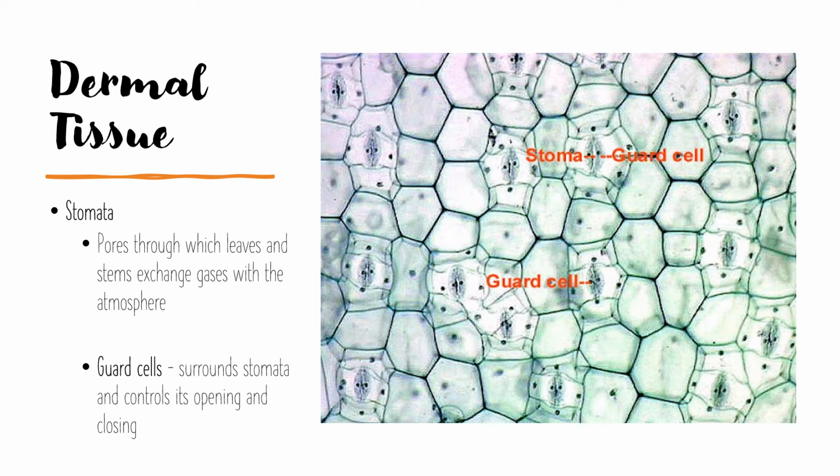Now, a pair of specialized guard cells, we have here the guard cells, surrounds each stoma and controls its opening and closing. So you will see here, this is the stoma, the opening itself, and the two cells that surround it or guard it, we call them the guard cells.